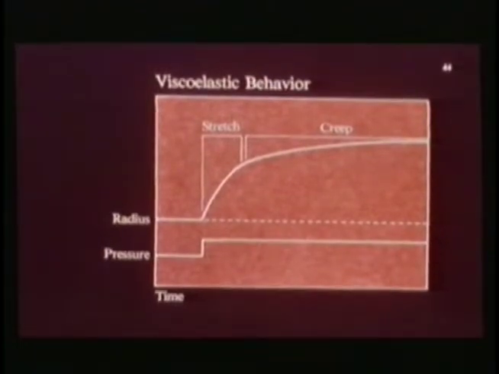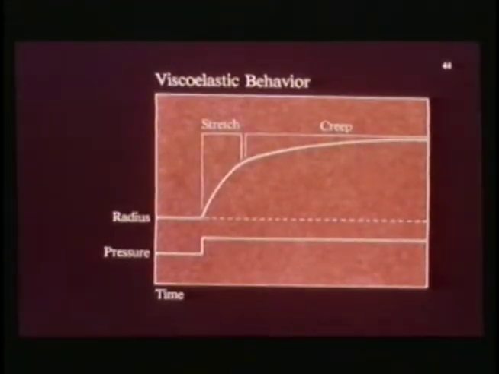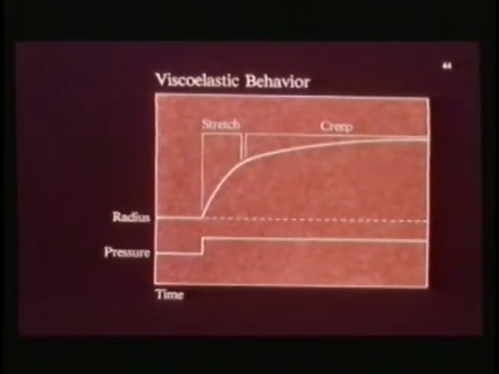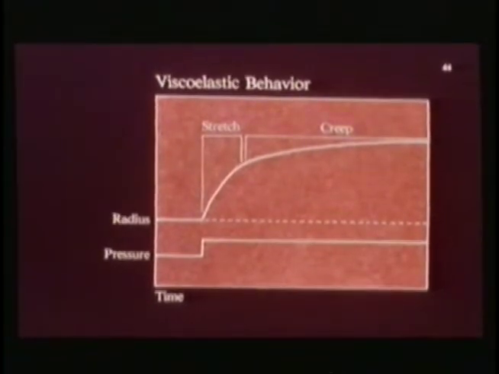To reiterate graphically, if the pressure inside a vessel suddenly rises, there is an immediate increase in the radius of the vessel. This reflects stretch of the elastic elements in the wall. Stretch is followed by a much slower distension, mainly as a result of slow lengthening or creep of the smooth muscle contractile system.